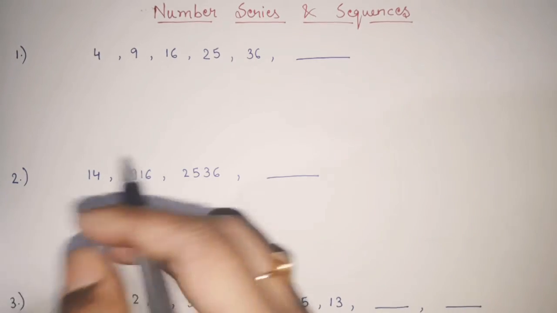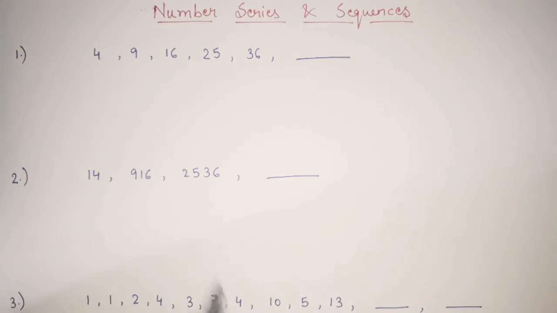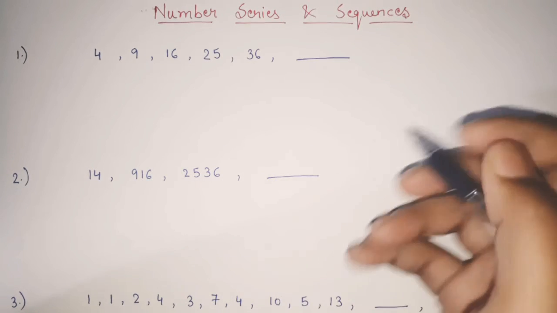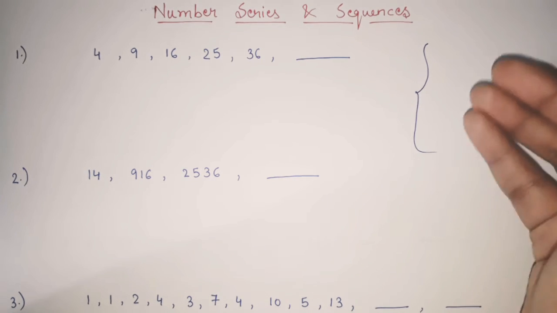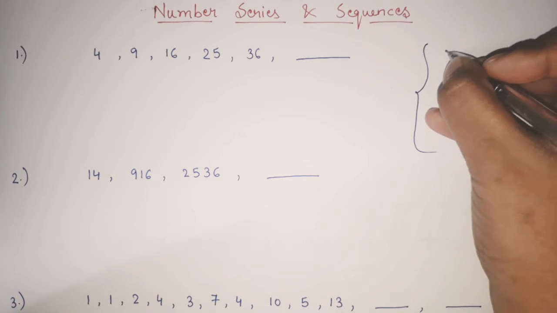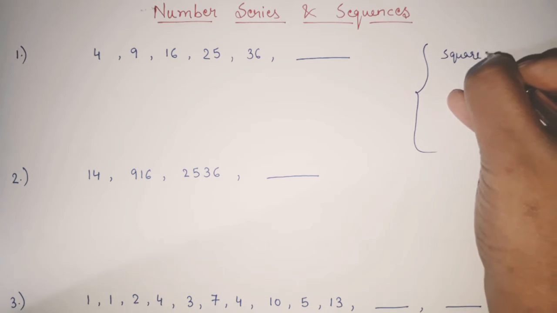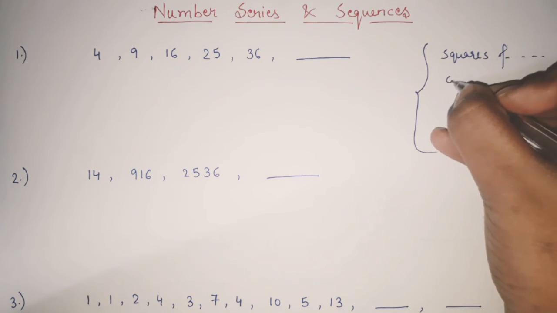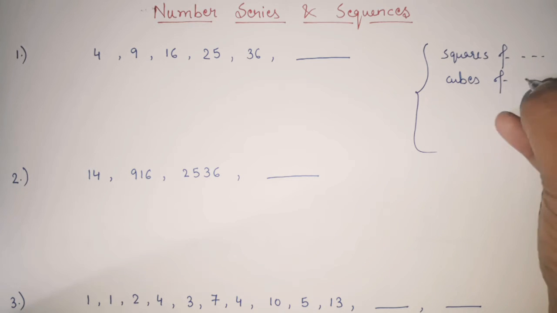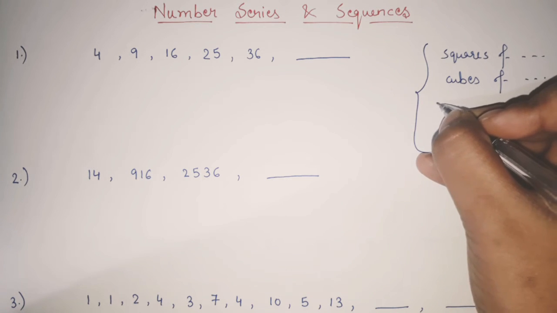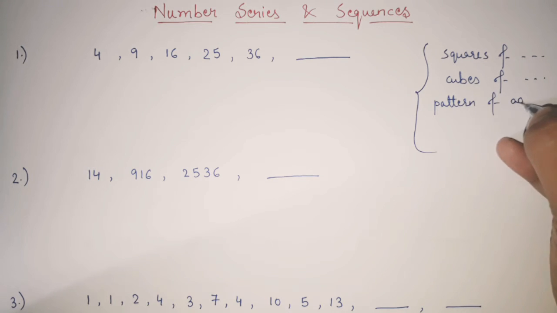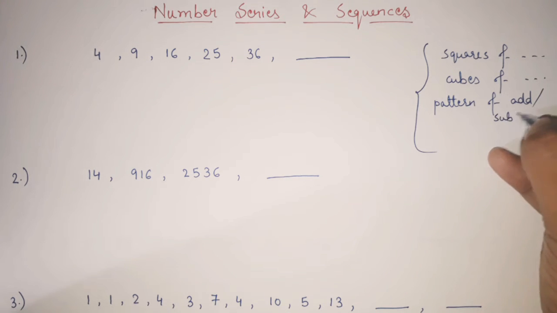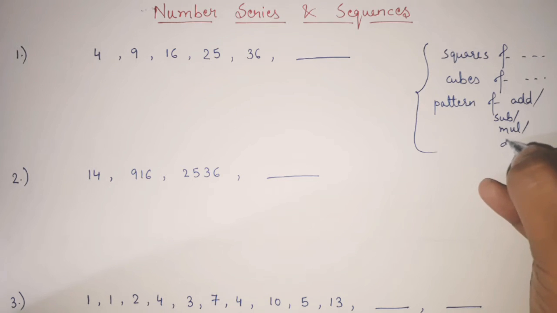So this is actually a very simple one. Whenever any question is given to you, first of all, the main repeated possibilities are: you can get squares of numbers, you can get cubes of numbers, you can get a particular pattern of addition, similarly a pattern of subtraction, multiplication or division also.